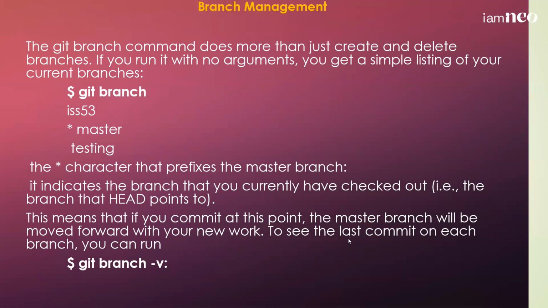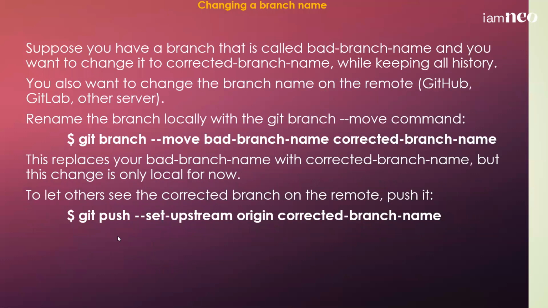To see the last commit on each branch, we can run git branch -v. With -v, you can see the last updates committed in a branch.